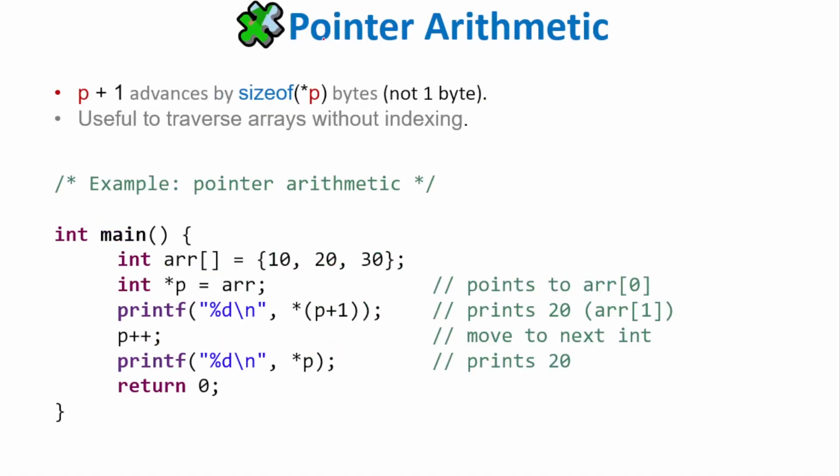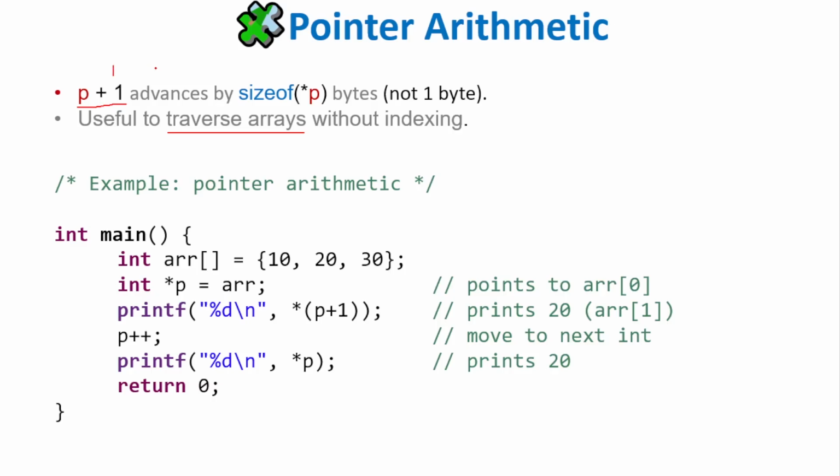Pointer arithmetic. Pointers support arithmetic operations, but only in the ways that make sense for memory management. When we increment a pointer, it moves to the next object of its type. For example, if we have an int pointer, then p plus 1 doesn't move 1 byte forward.